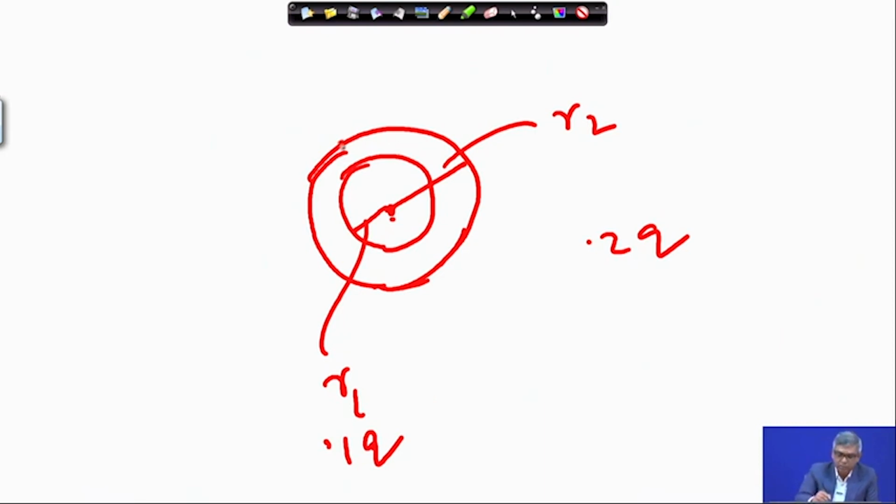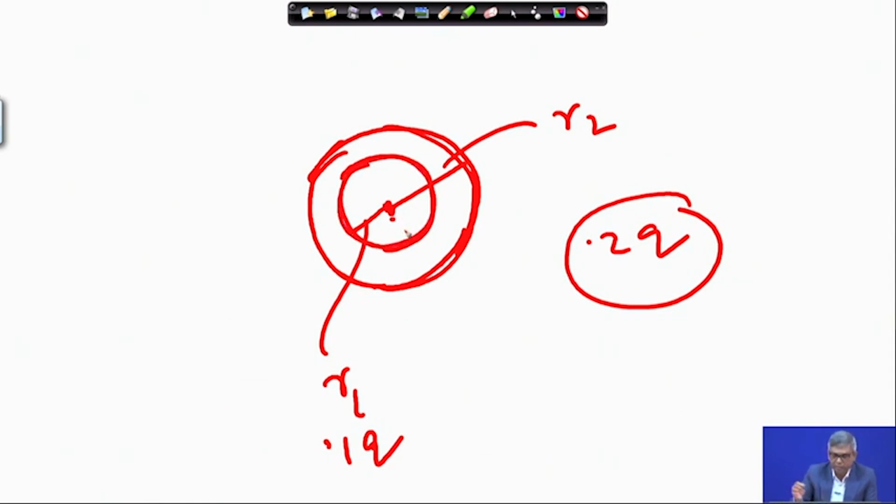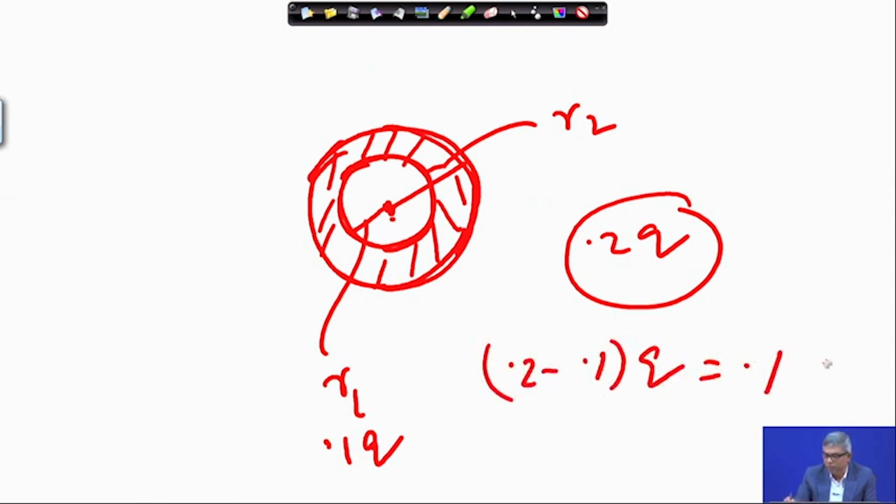Once I am loading r2 with q, you get 0.2 q at the center, and once you apply q on r1, you get 0.1 q. That means, if I only load the area between them at the same depth, what will be the stress? It is the difference of the two, 0.2 minus 0.1, which is 0.1 q.